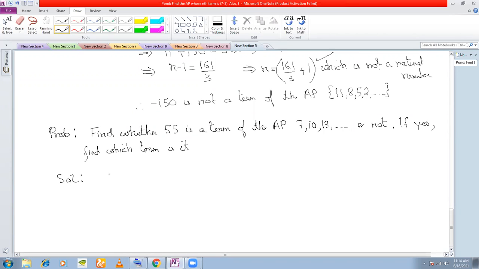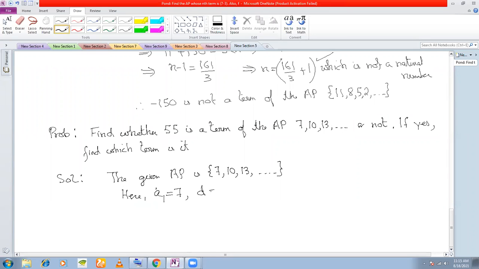How do we solve this? Let's write the given AP first. The given AP is 7, 10, 13, and so on. So this set is given to be in AP. Here, what is the first term, A1? 7.